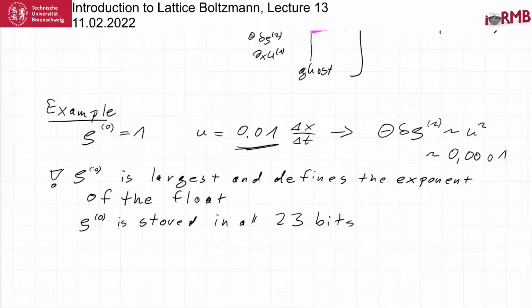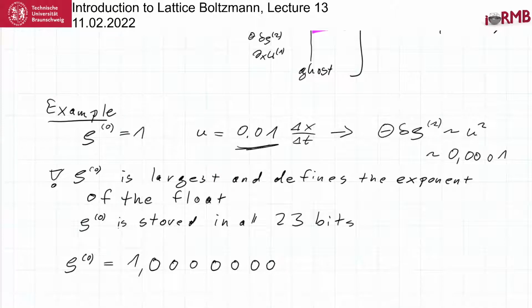There's actually one bit more because there's one implicit bit. So this here will give 1. Now I have to count: 1, 2, 3, 4, 5, 6, 7, 8, 9, 10, 11, 12. Okay, I hope this is the right number of bits. So it's in binary, of course. So this is how we store rho 0.